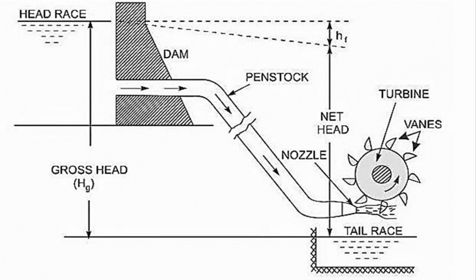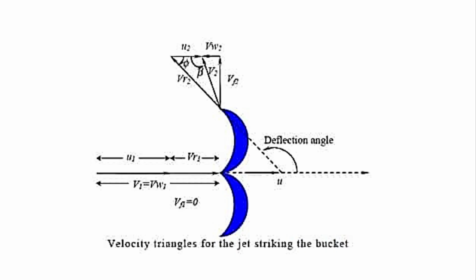At first, when the water leaves the nozzle, it will have the absolute velocity, and then when it strikes the bucket, it will generate the relative velocity.